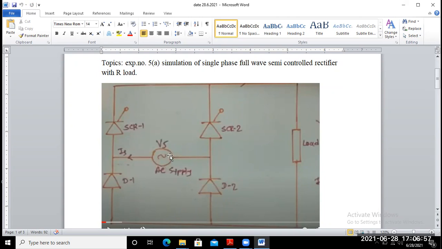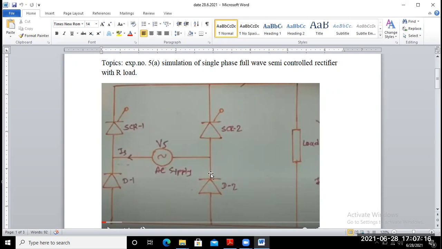For the positive half cycle, that means mode 1, suppose the supply positive terminal is connected to the anode of the SCR, and the negative terminal is connected to the cathode of diode 2.